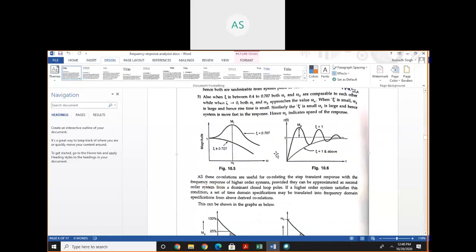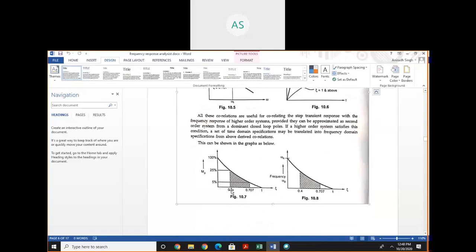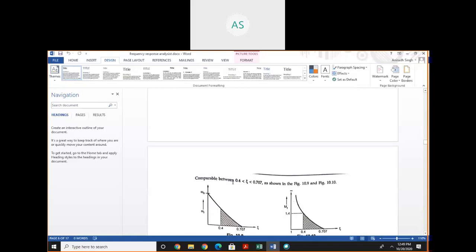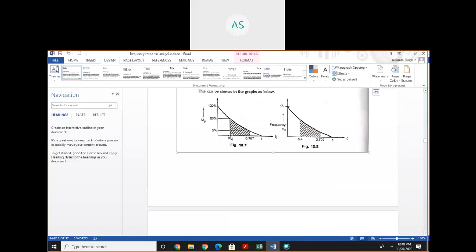When zeta is very small, suppose less than 0.4, Mp and Mr both will be large. Here, when the value of zeta is less than 0.4, the value of Mp is 100% or very large. Similarly, the value of Mr is infinite.